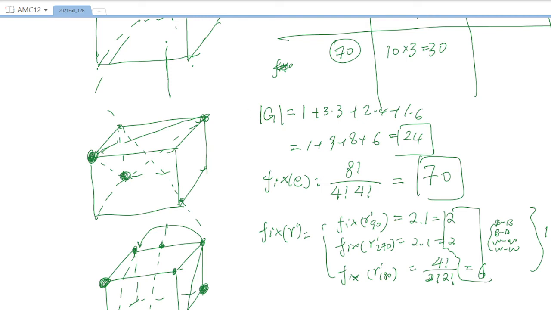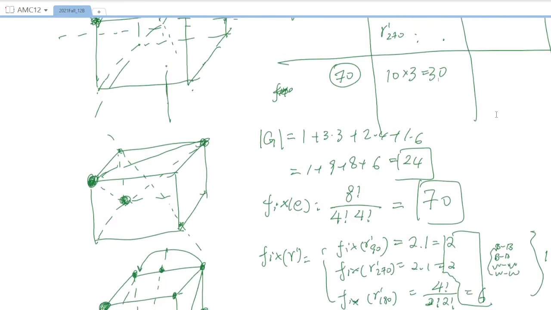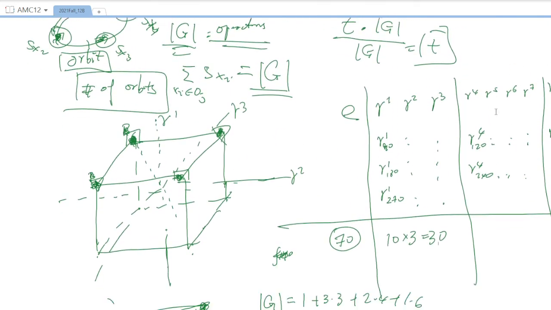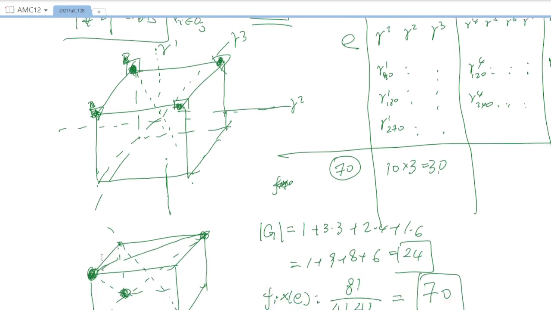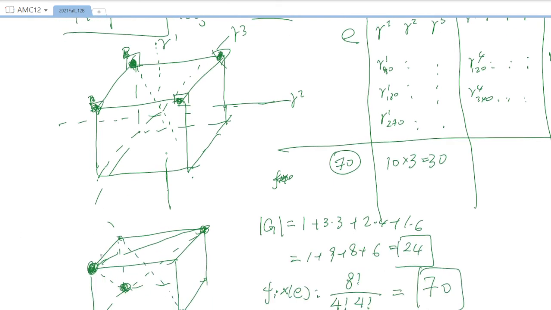Okay, so next let's count in the other one. Let's count in the R 120 degrees, right? So the 120 degrees means this one rotating to here, and this one rotating to here, right?